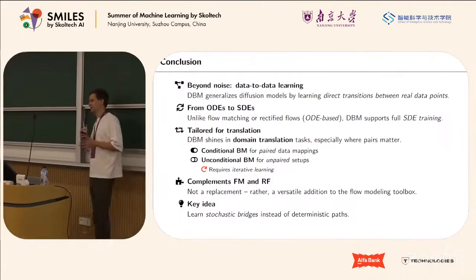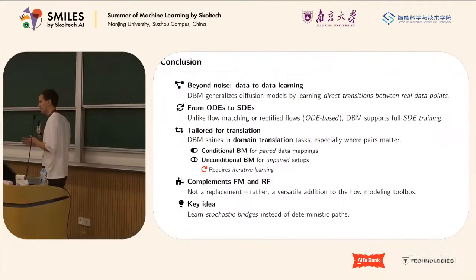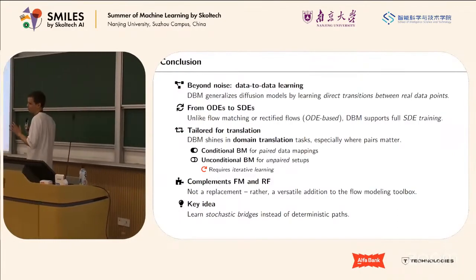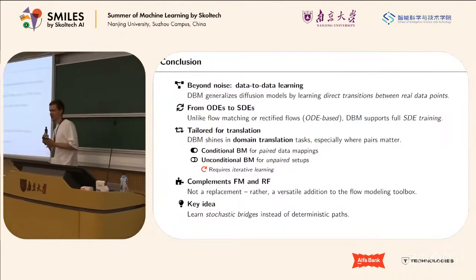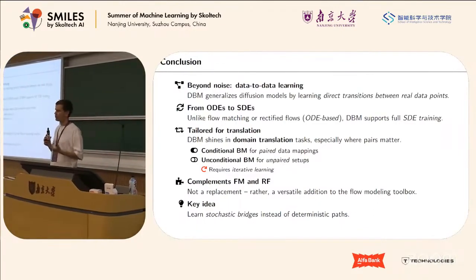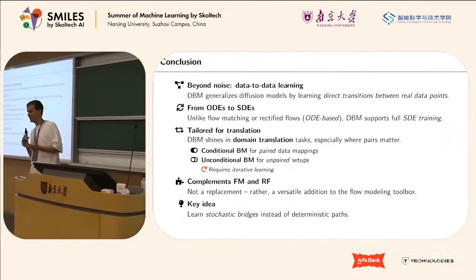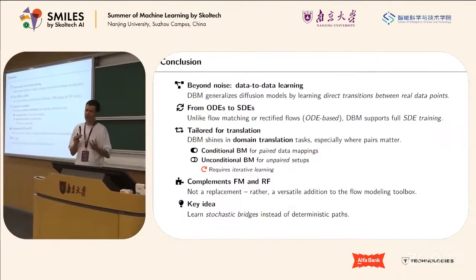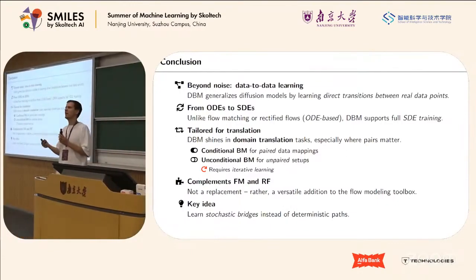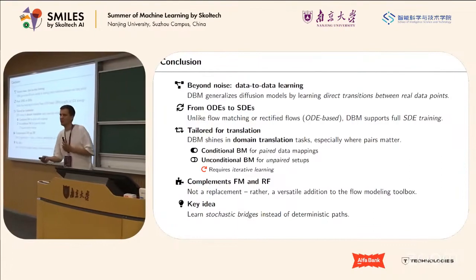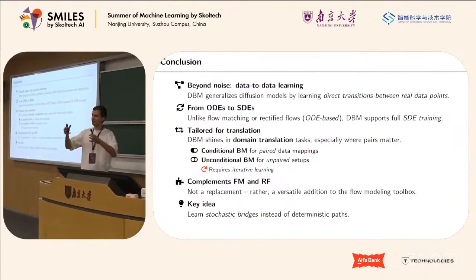The main point is that if you want to build some generative model for data, you usually need some source of noise, and this source of noise in flow matching, when it is applied to image generation, is just given by construction. You start generation from noise, and you end at data, right?